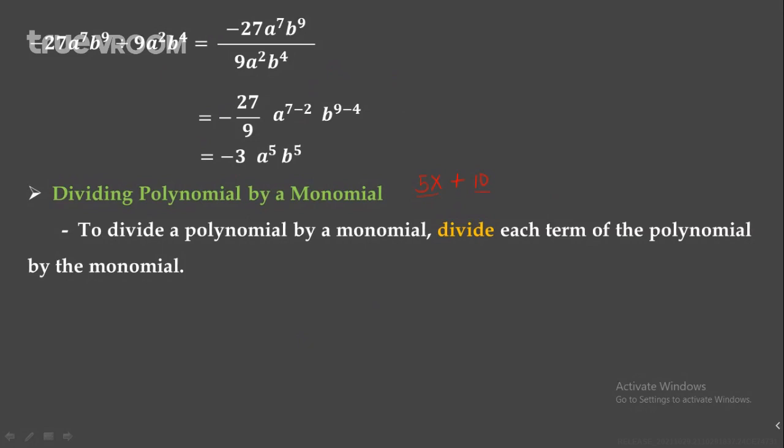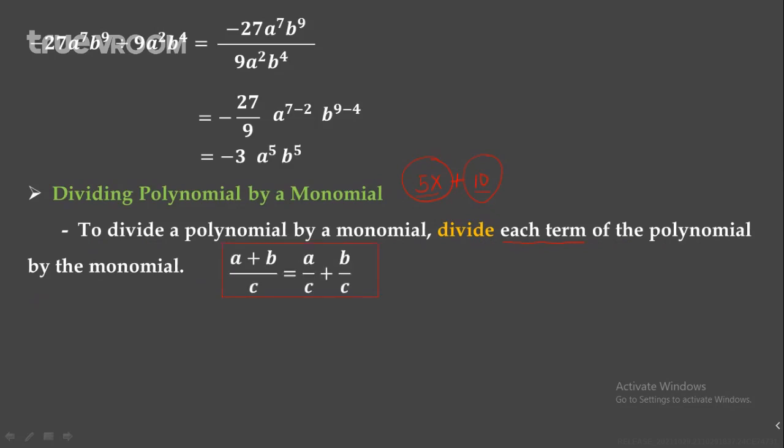So we are going to divide a polynomial by a monomial. We have a rule to follow. To divide a polynomial by a monomial, divide each term of the polynomial by the monomial. Meaning you are going to divide the first term by the monomial plus divide the second term by the same monomial.